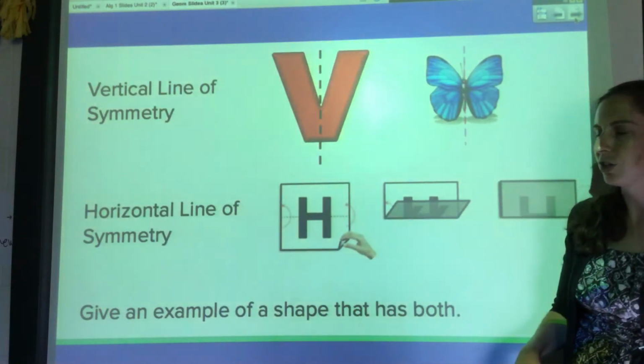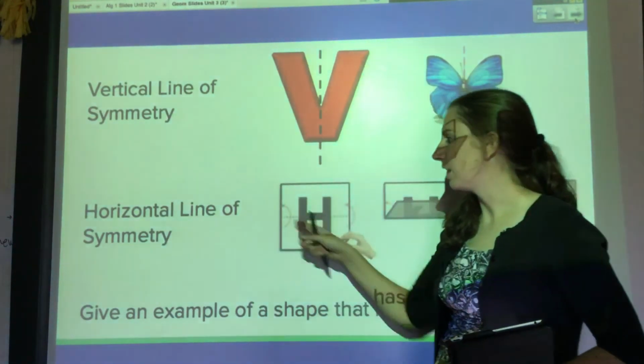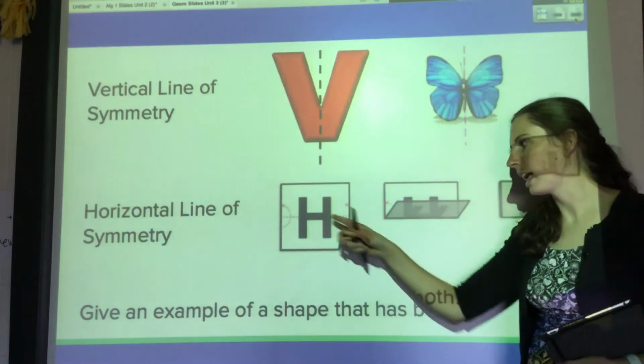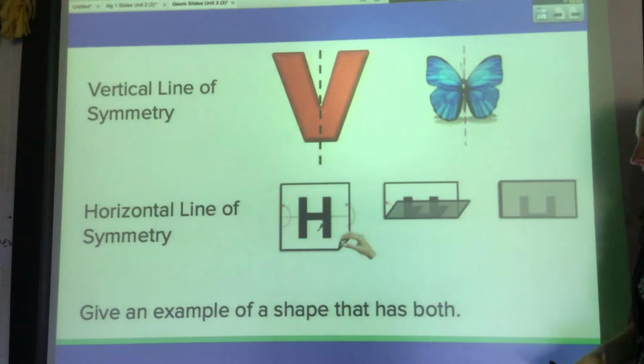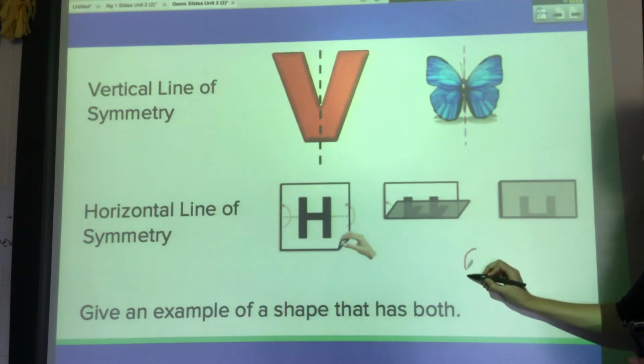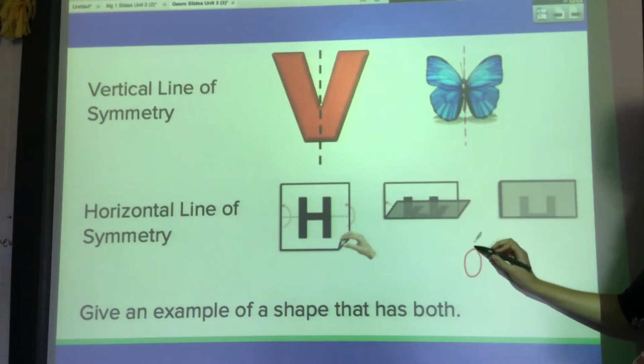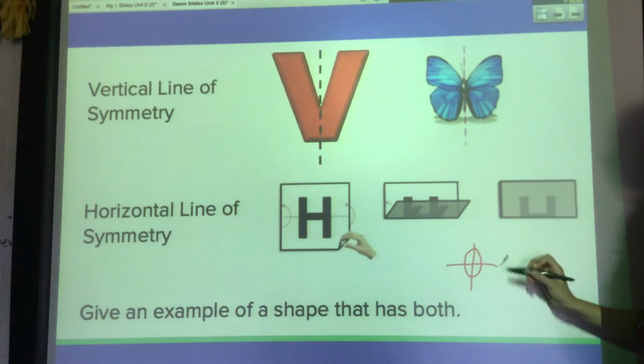I thoroughly appreciate that it's like V for vertical and H for horizontal, and it worked out like that, although H also has vertical symmetry, so that's kind of a bummer. Can you think of a shape or a letter that has both? Like an O. An O would have vertical symmetry and horizontal symmetry.